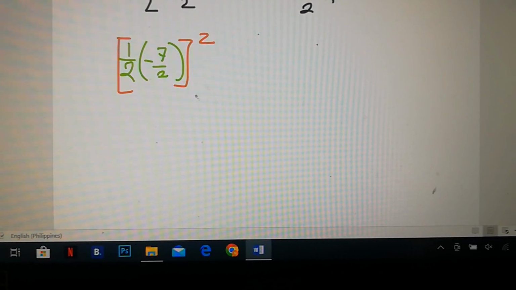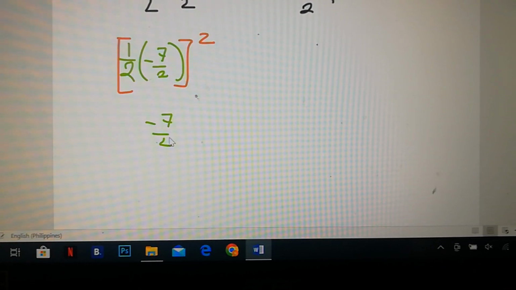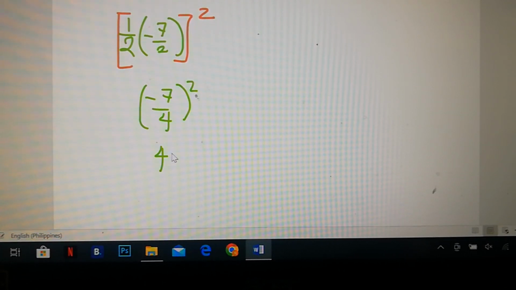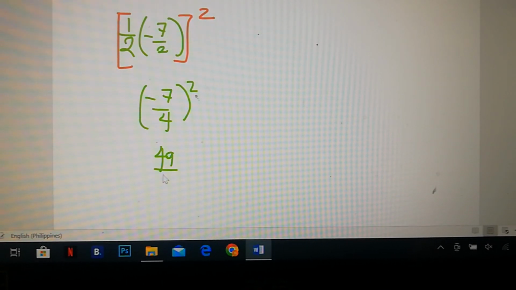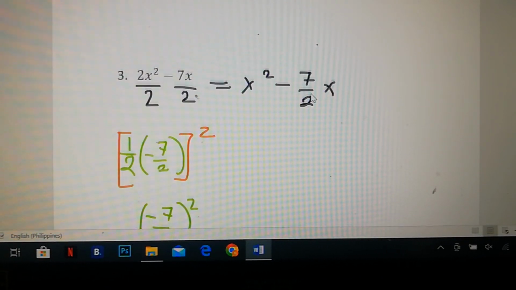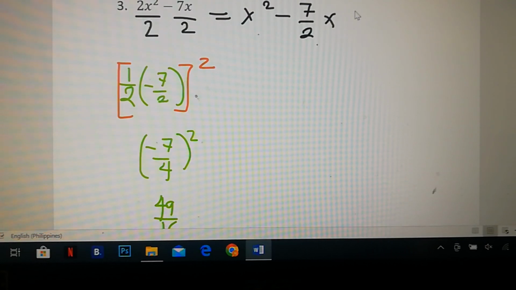Then you square it. That is equal to 49 over 16. So plus 49 over 16.